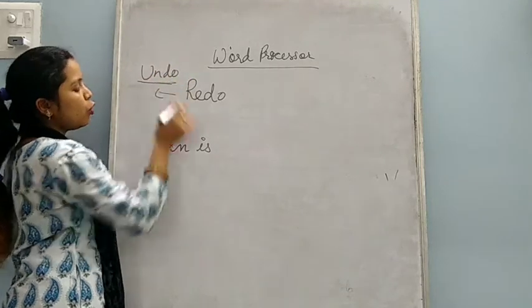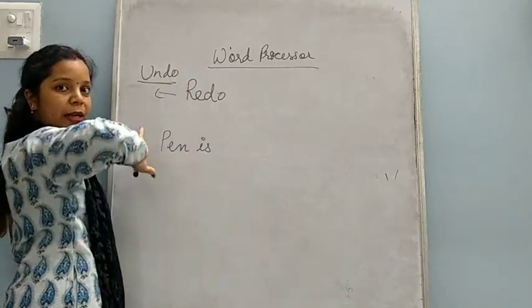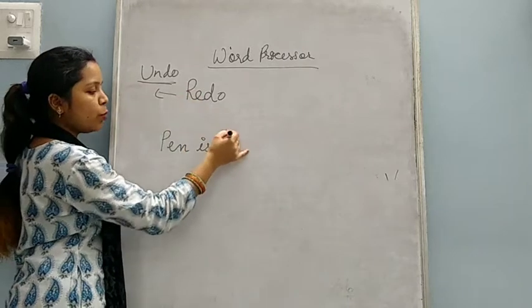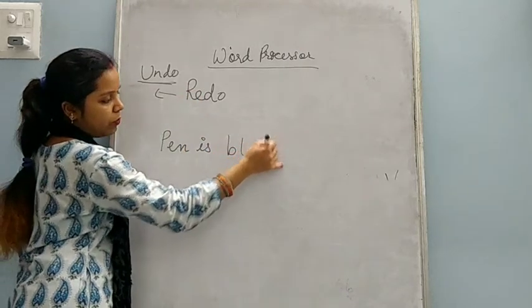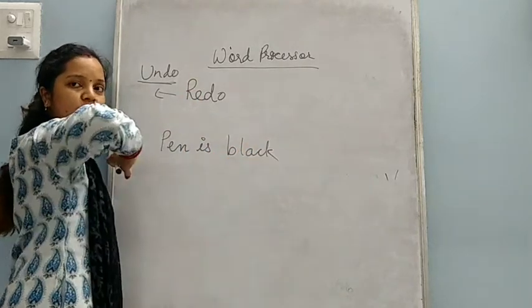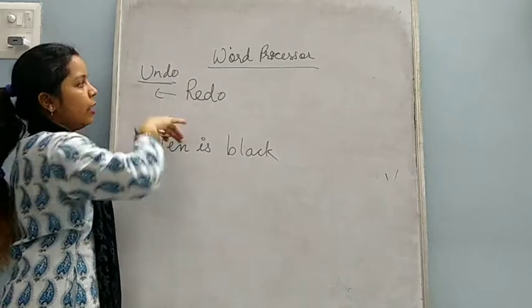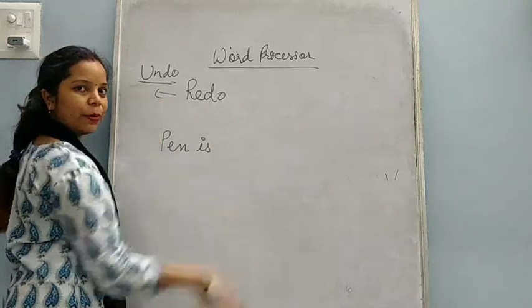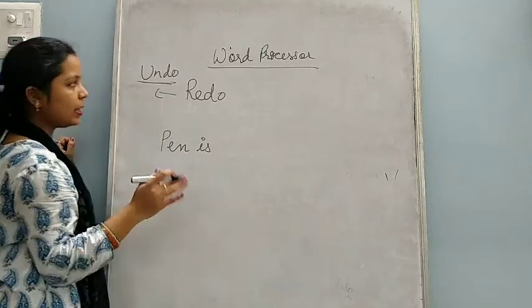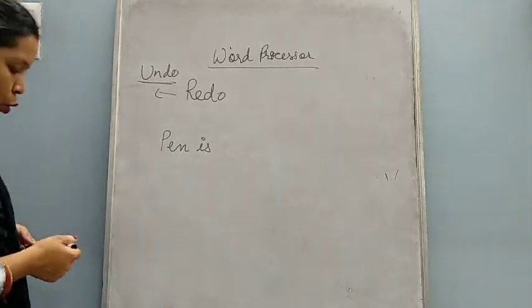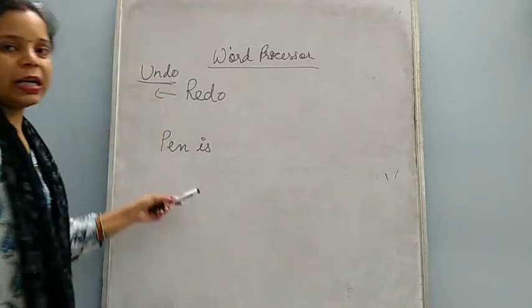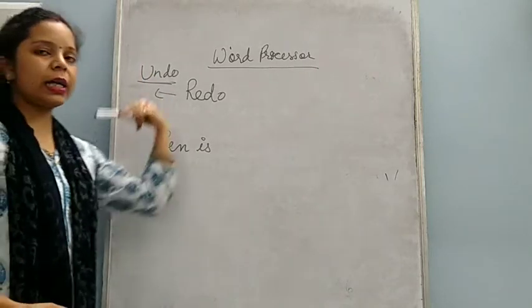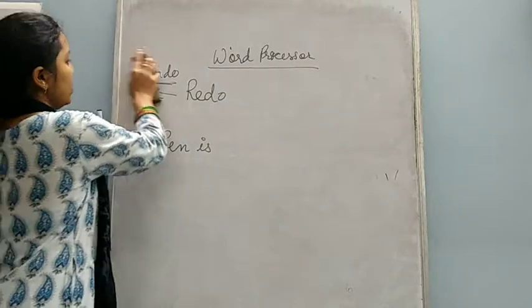If I click on the undo button, it will take me one step back. The word black will come back here, which means it has taken you one step back. If I click on the redo button again, it will be removed again, one step forward. So this is how the undo and redo buttons work. The undo button takes one step backward and the redo button takes one step forward.